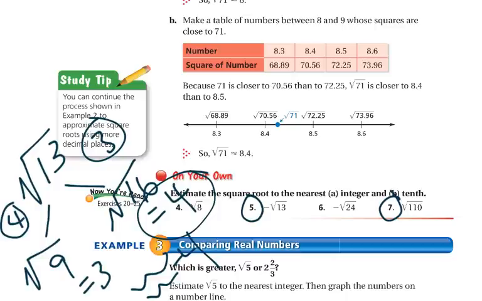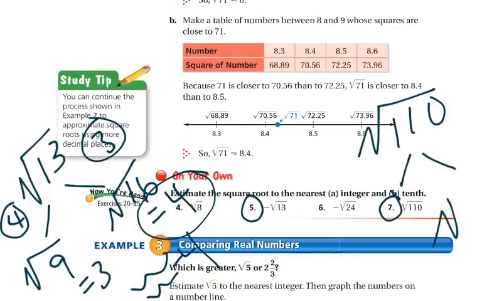Now if you look at number 7, and this is what your work should look like. That's my expectation. If you look at number 7, you have the square root of 110. 110 falls between the square root of 100 and the square root of, that's the low end. Sorry, I put that on the wrong side. The square root of 100 and then the square root of 121.